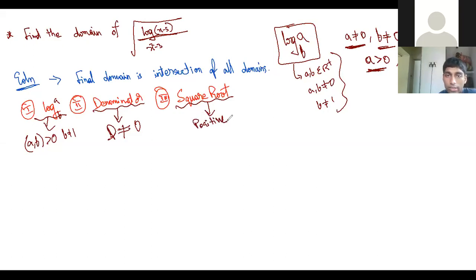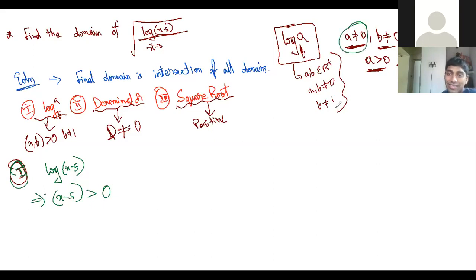So these are the only functions in this particular question, and one by one we solve each of them. First, log of x minus 5 implies x minus 5 should be greater than 0. It is only greater, not greater than or equal to, because it can never be 0.